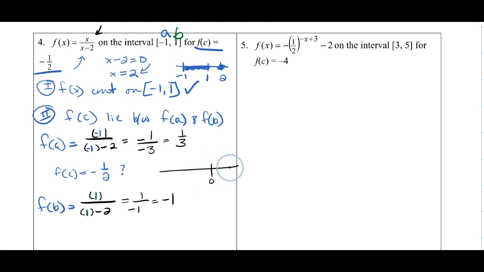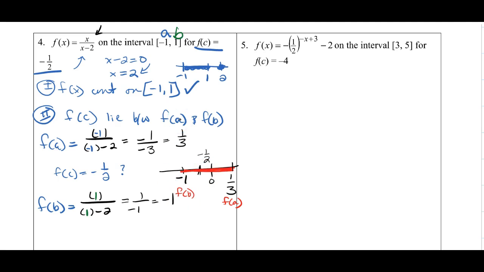Well, here's my 0, 1/3 is going to be up here, and -1 is down here, and -1/2 is here. So my range from f of A to f of B, my -1/2 does lie on that interval.